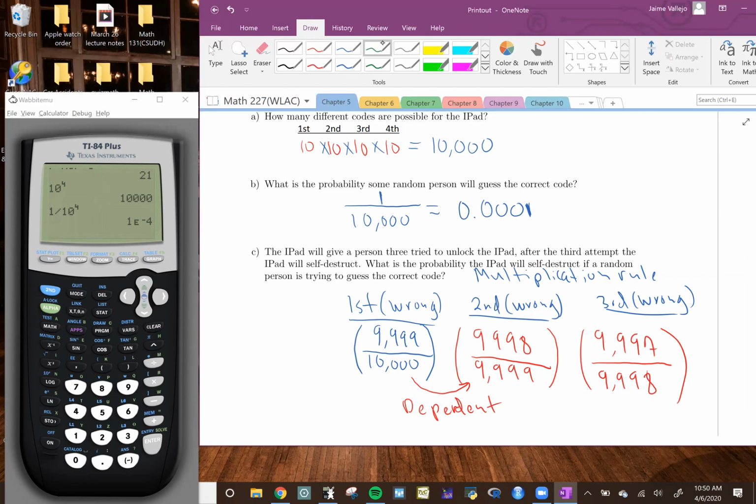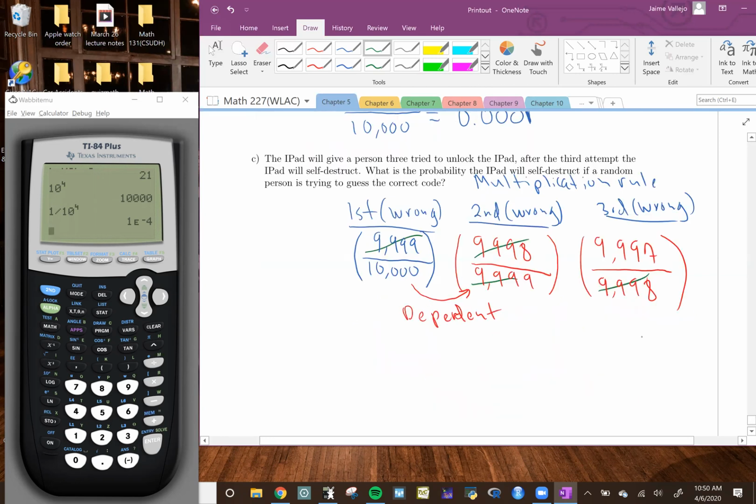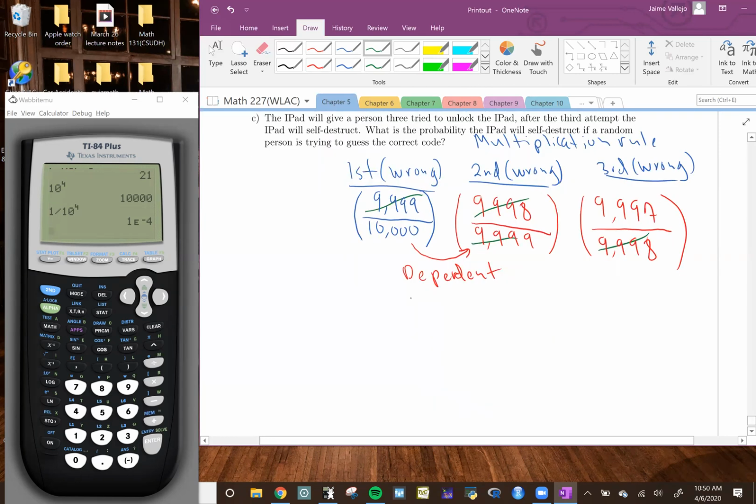And if you just do some basic simplification, you get 9,997 over 10,000, which will give you 0.9997 or 99.97%. And that's it.